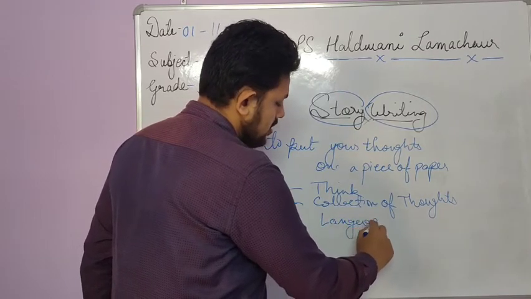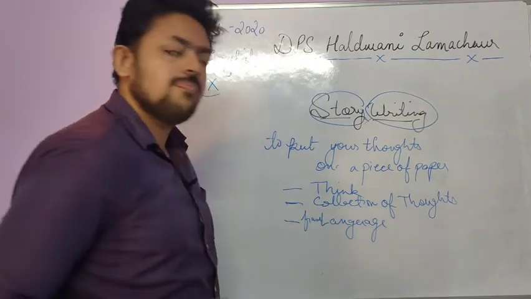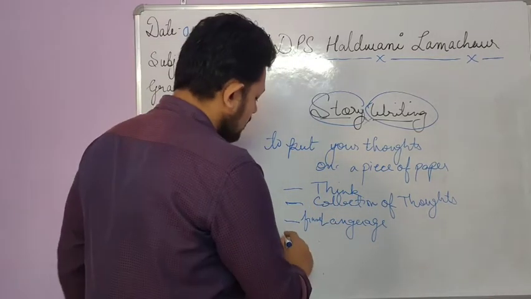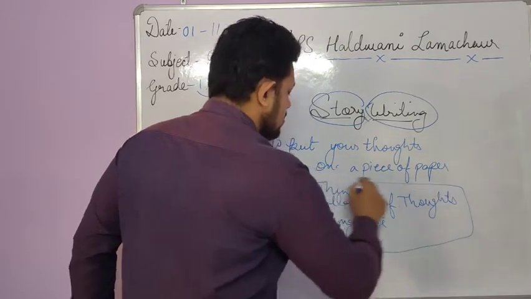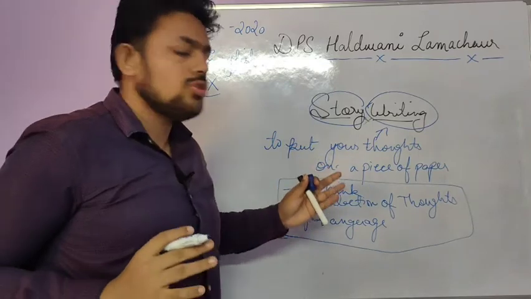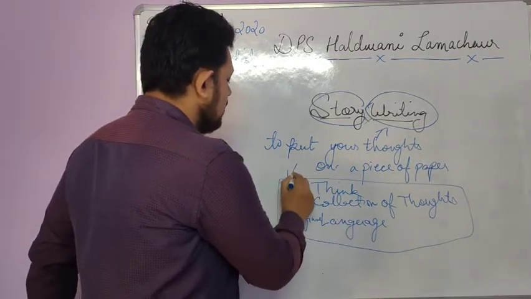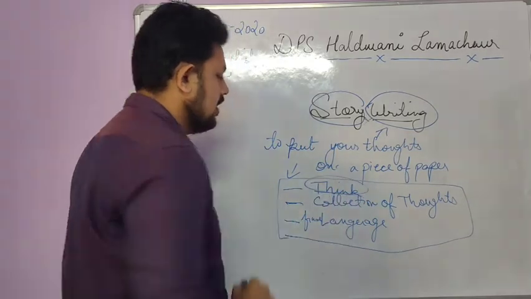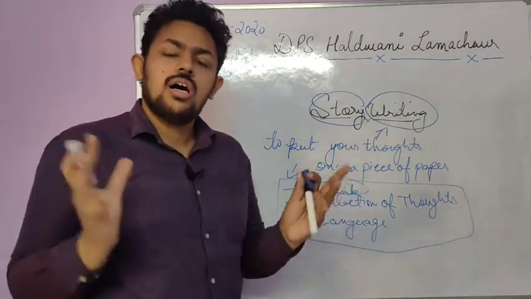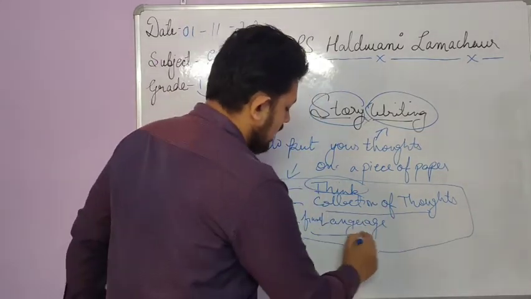We frame a language. Then this is called what? Writing. We put our thoughts together on a piece of paper, and for doing that we first of all think about it. Then we put our collection of thoughts together. Then we frame the language.